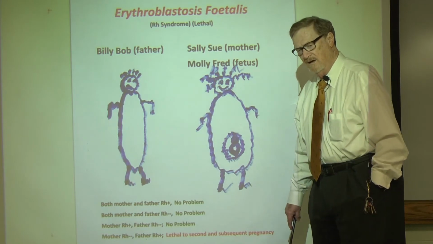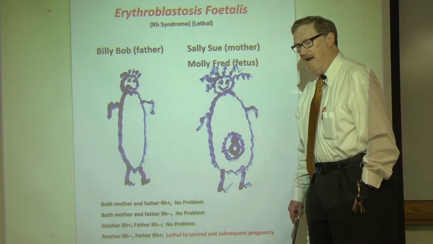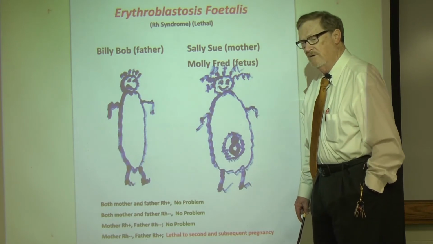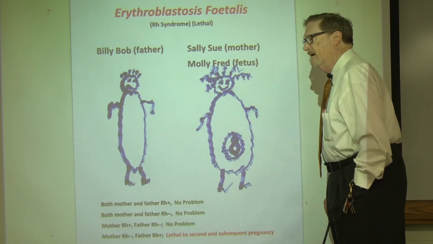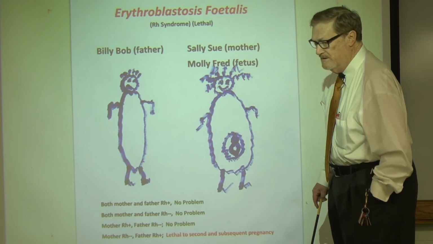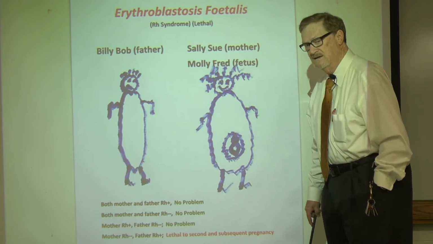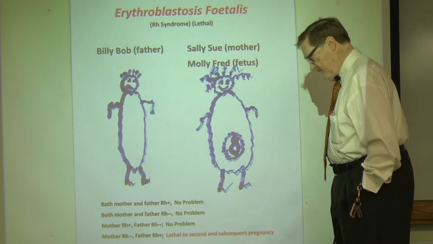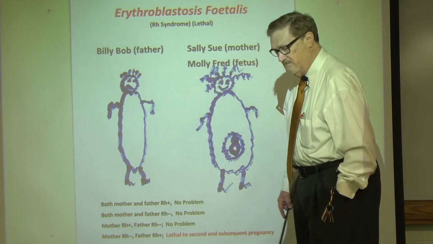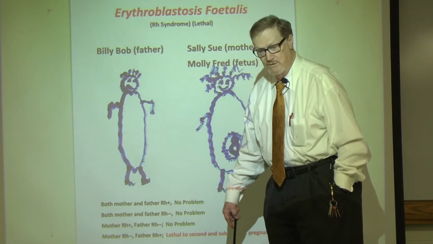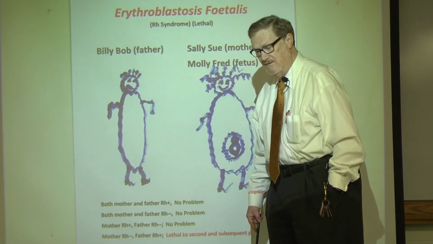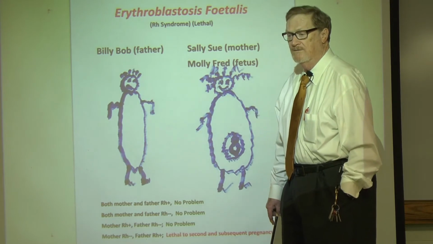In addition to being a communication device, it prevents some things from getting from maternal blood over to fetal blood. And one of the most important things it prevents is the RH factor. Now, you either are RH positive, meaning it is normal for you to make this substance, this RH, this Rhesus factor, or you're RH negative.